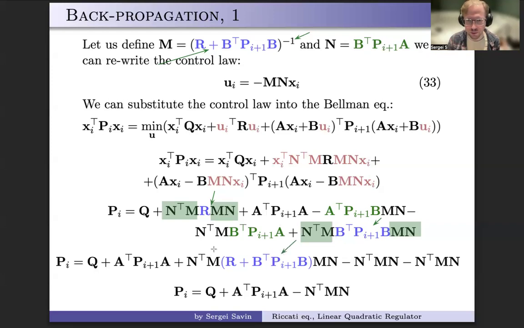Since this is m inverse, it would cancel with one of the m's, right? And when it cancels with one of the m's, it becomes exactly the same as those two expressions. And with a plus sign, those have minus sign, so one of them cancels. And that's how we get this last one.